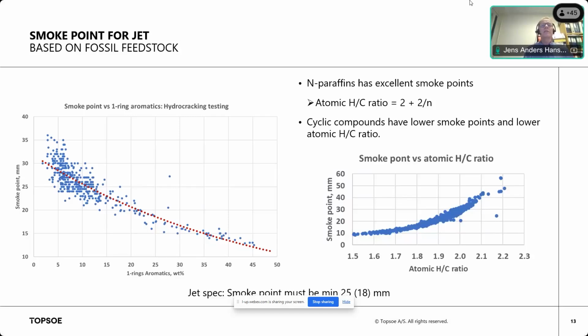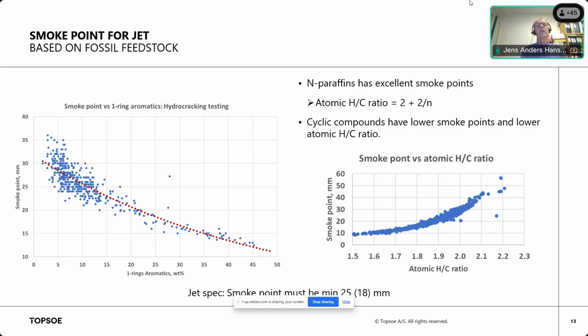You can also see on the right hand side that here I have plotted the atomic hydrogen to carbon ratio against smoke point, and you can see when the atomic hydrogen to carbon ratio increases, the smoke point increases. In fact, if you have pure paraffins, you have smoke points very, very high, exceeding 40 or even higher.